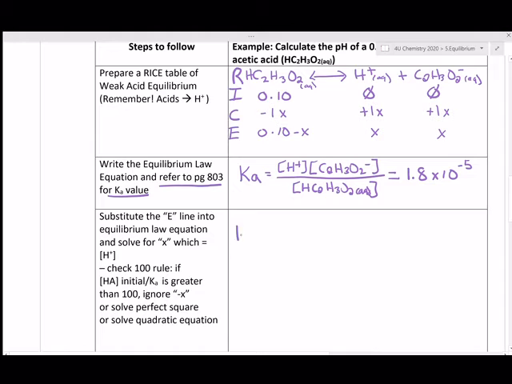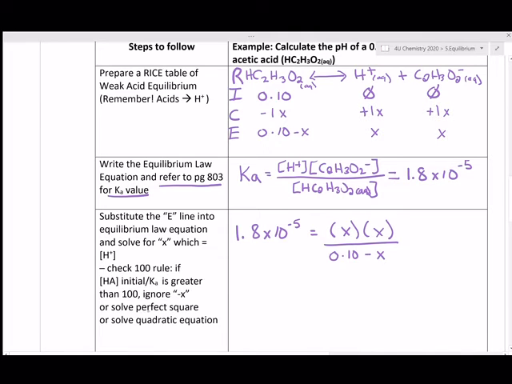Okay, so 1.8 times 10 to the negative 5 is going to equal x times x, because remember these are just raised to the 1 in this particular example. And it's going to be all over 0.1 minus x. Now, when we do our algebra and get this all expanded, three things can happen, two of which we've seen before.